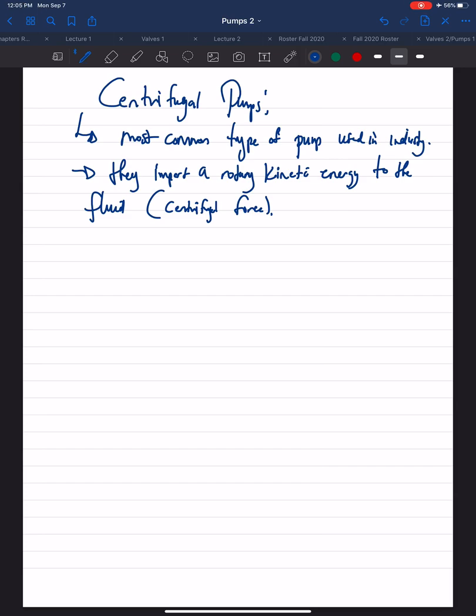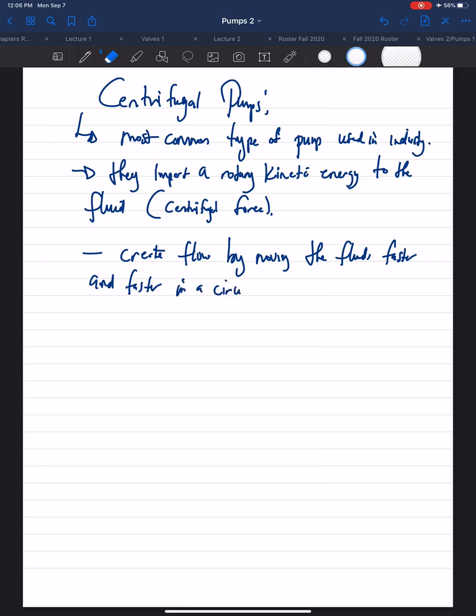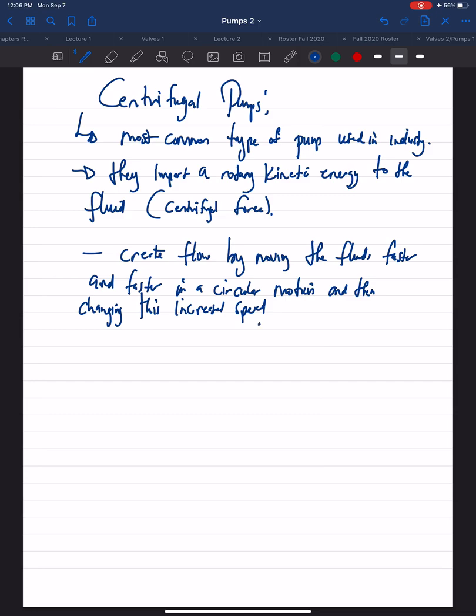So centrifugal pumps create flow by moving the fluids faster and faster in a circular motion and then changing this increased speed of the fluid into pressure.